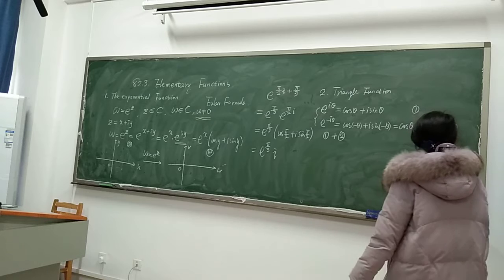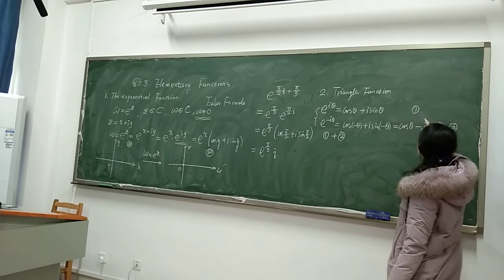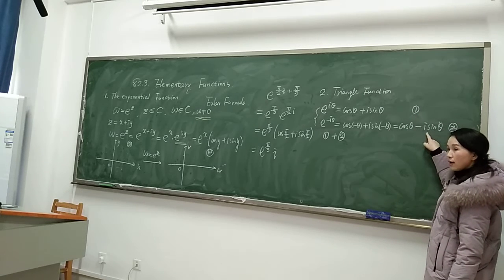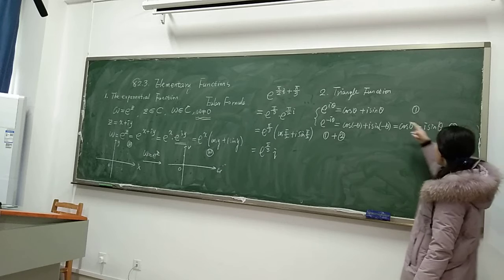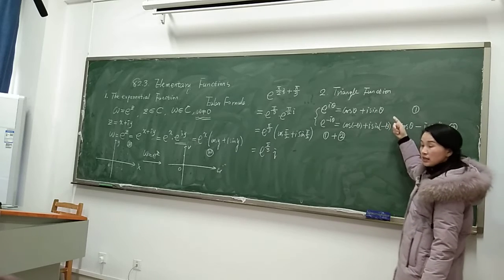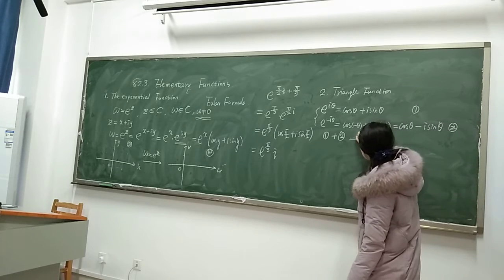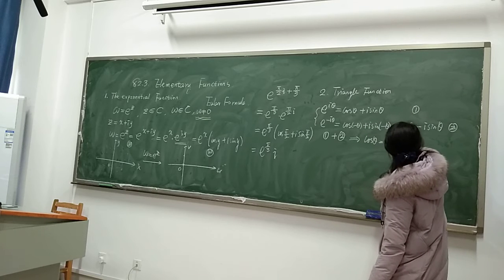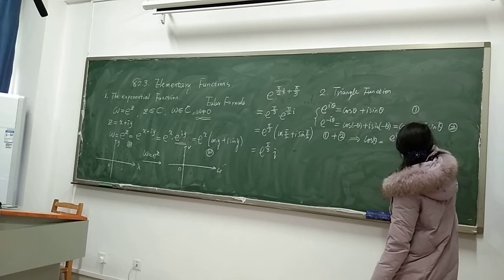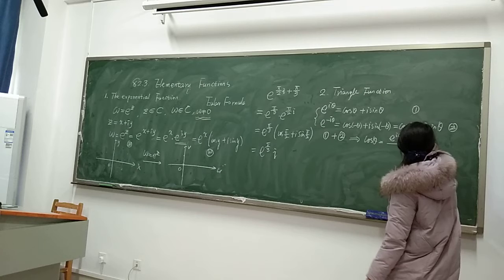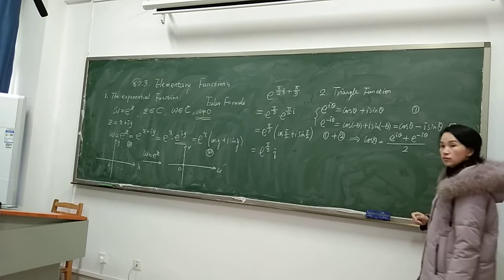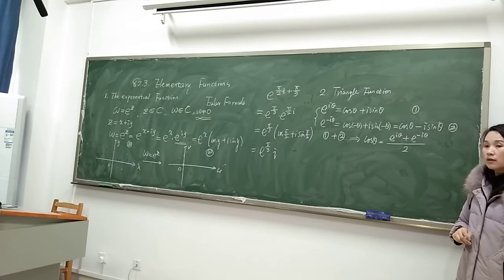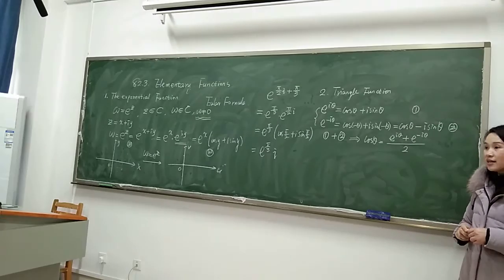So, if you take the first one plus the second one, this part and this part cancel. You can obtain cosine θ equals (e^(iθ) plus e^(-iθ)) over 2. Yes or no? Understand it?